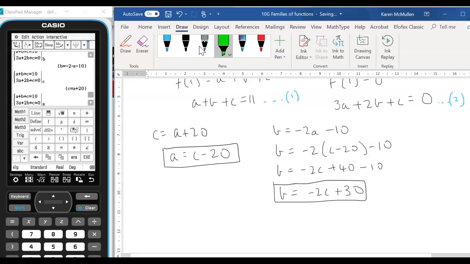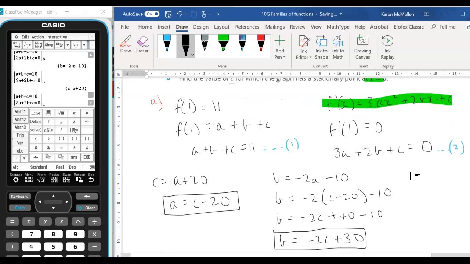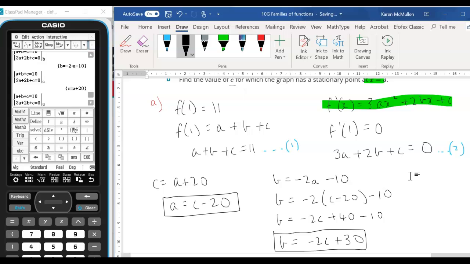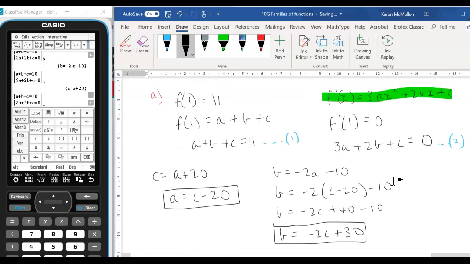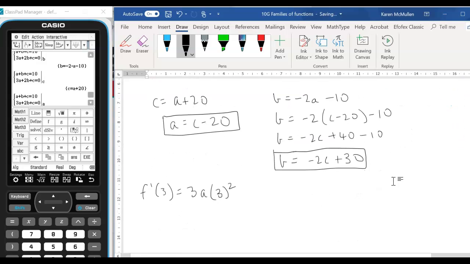So let's just do that down here. 3ax squared. Now x is 3, so I'm just going to substitute it in now. 3ax squared plus 2bx.